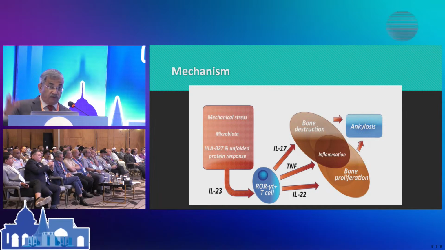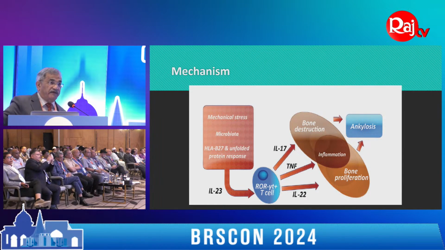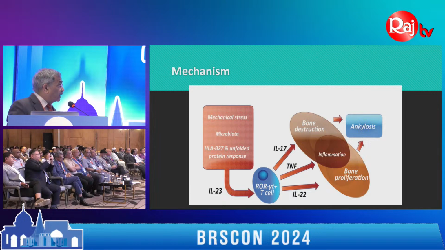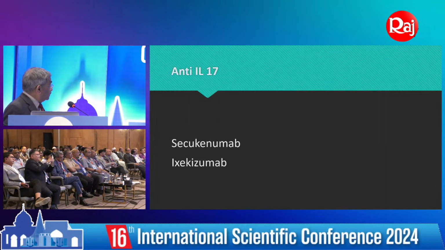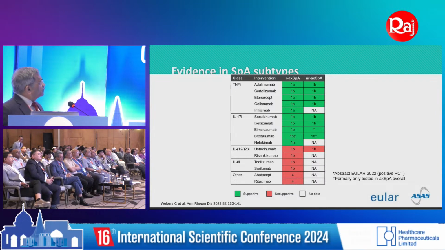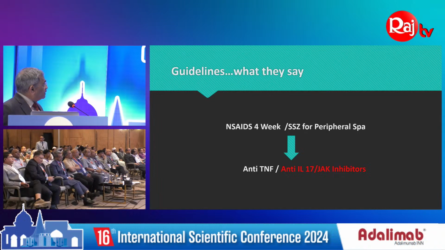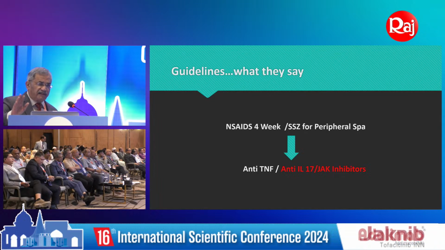We also have huge experience of IL-17. I'm very sure seniors sitting here also have experience of IL-17, secukinumab. It is also very effective. So TNF and IL-17 work, IL-23 doesn't work. As I said, whatever guidelines you read, I can spend 2 hours on guidelines.